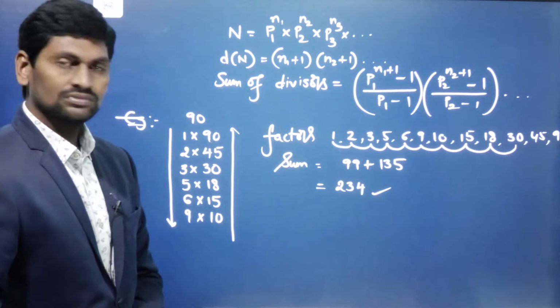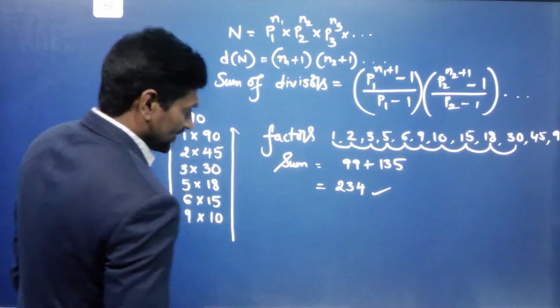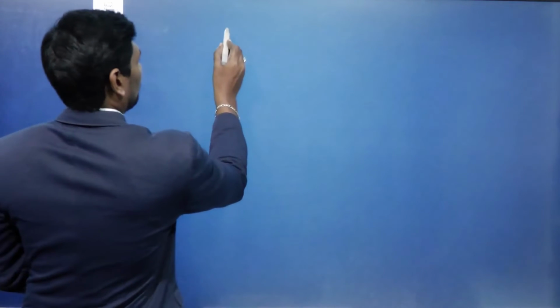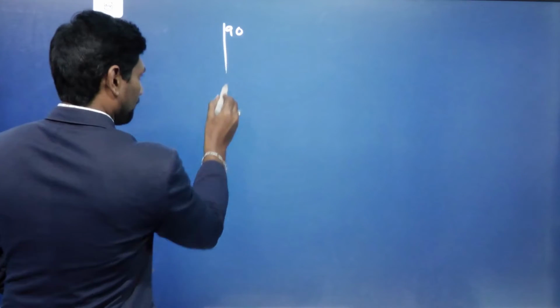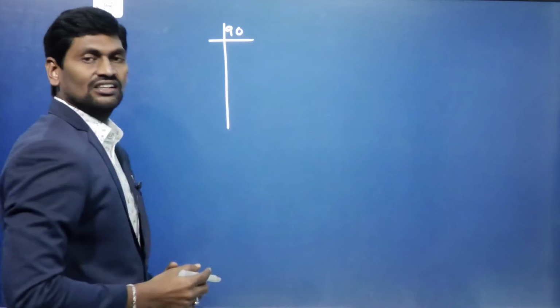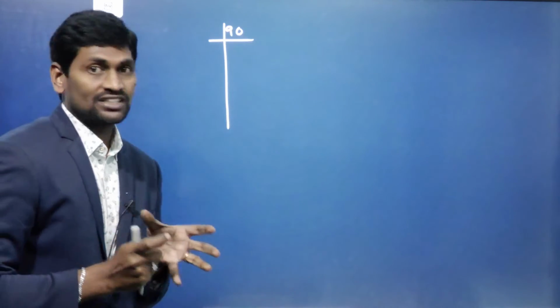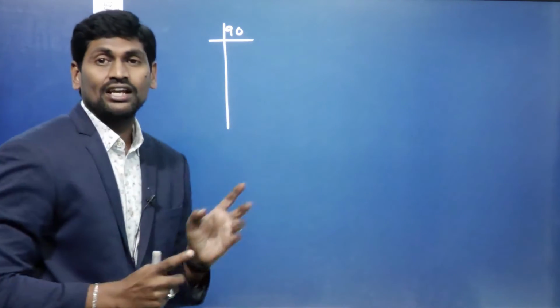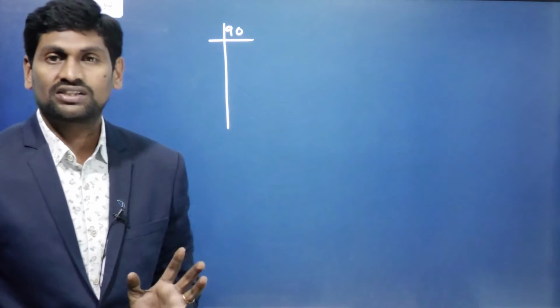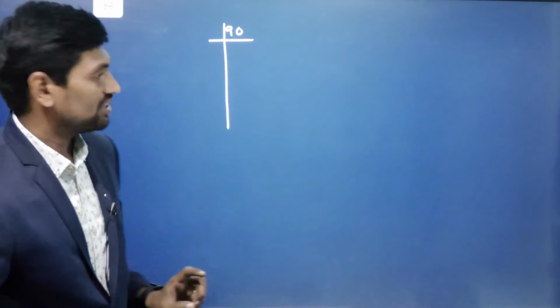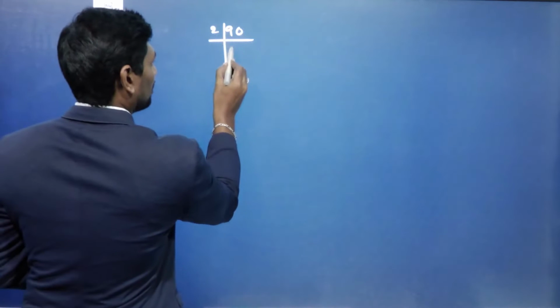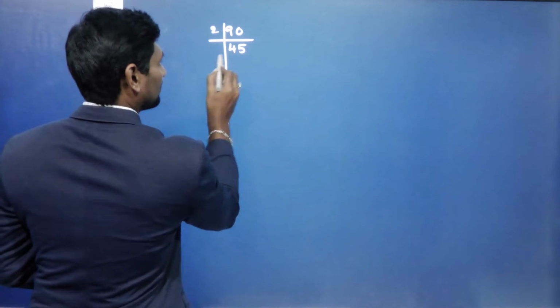Now let us check using the formula. We need to find the prime factors. That means we have to express the composite number 90 as a product of its prime numbers. 2 table, 2 45s are 90.